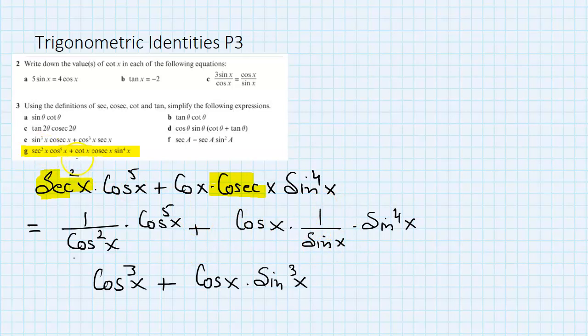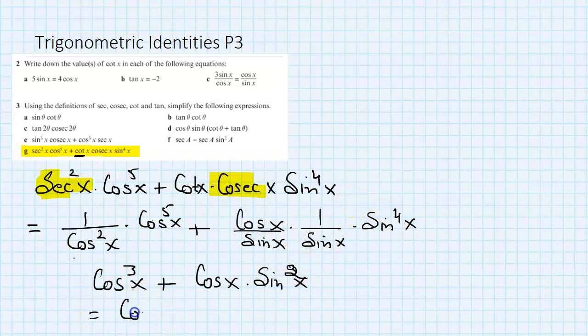No, this is a cot x. So I have to change this also. So this is cos x over sin x. This is a cot, so it is going to make cos x and sin square x, sin 4x, so sin square x.